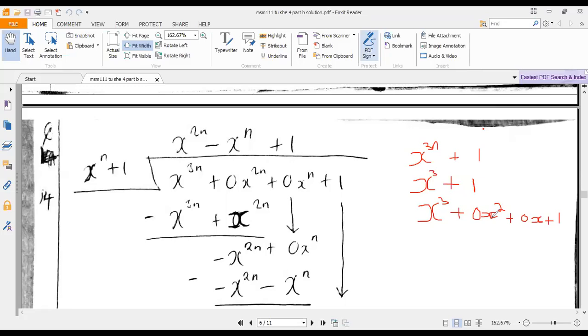Since x squared is here but its coefficient is 0, just like the coefficient of x here is 0, it's the same concept. Here we have x to the power 3n plus 1, and we write plus 0 x to the power 2n.